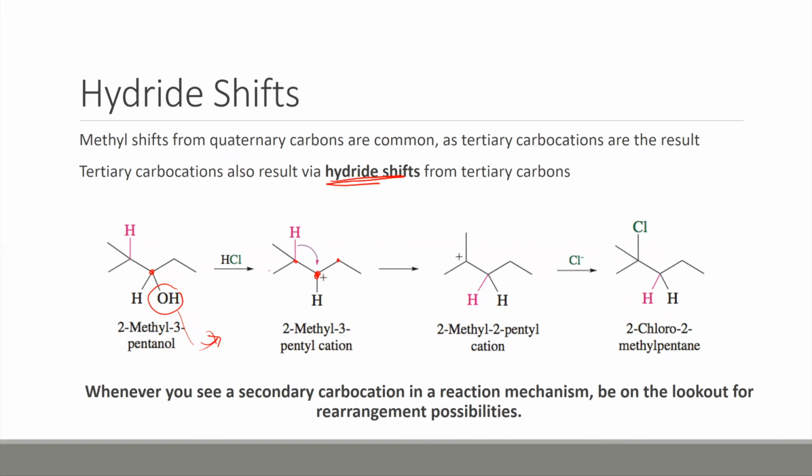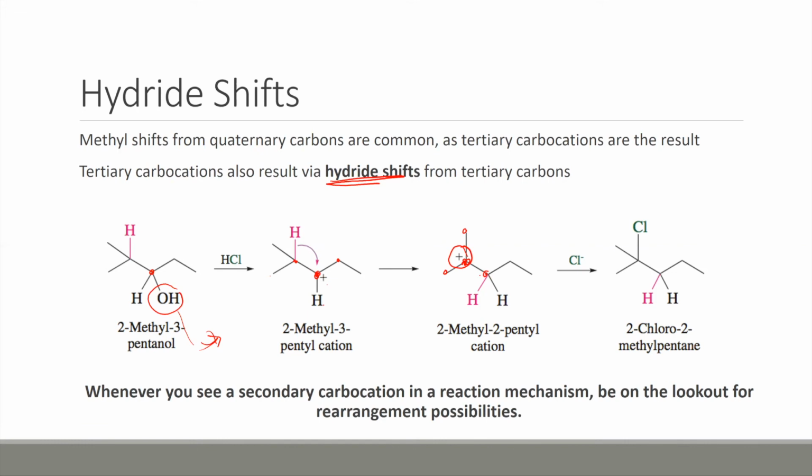Now, instead of moving a methyl group over, we can move a hydrogen over. If this hydrogen is moved over to our position here, we swap the hydrogen and the positive charge. The positive charge ends up here, which is now on a tertiary carbocation, meaning it is now more stable.